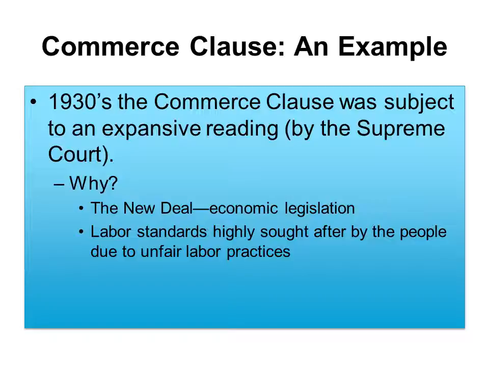So when the Court was asked to interpret the Commerce Clause in relation to areas of law like economic legislation and unfair labor practices, for example, they had a more expansive reading by saying the Necessary and Proper Clause gives Congress the authority to make these laws. And they give some examples that follow in the textbook. All right, so there's one example of the Commerce Clause.